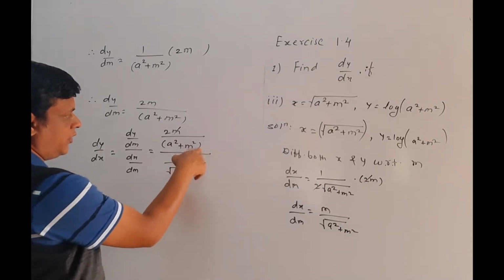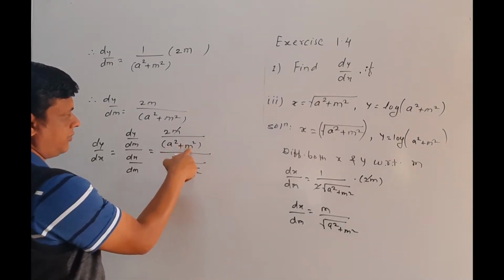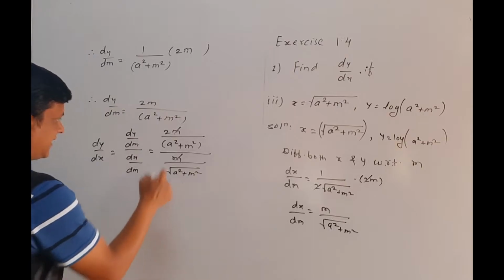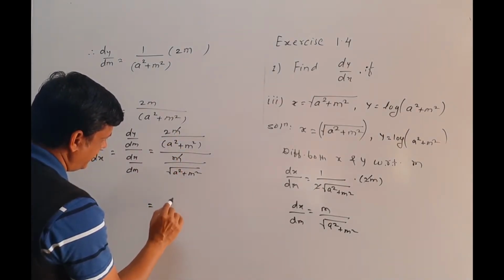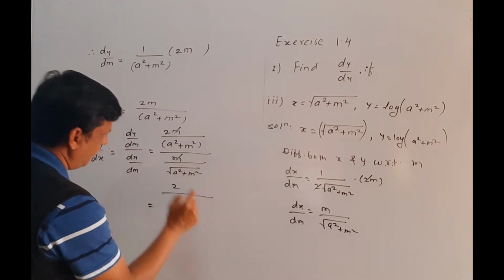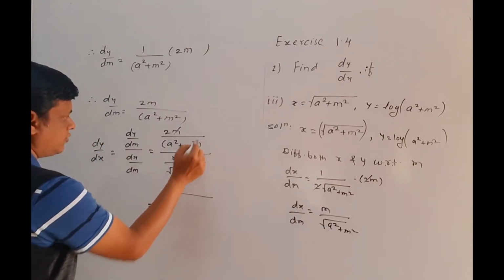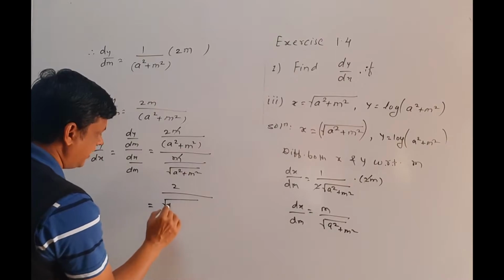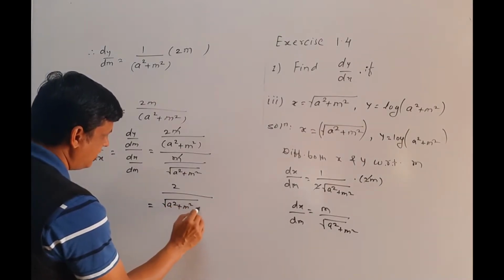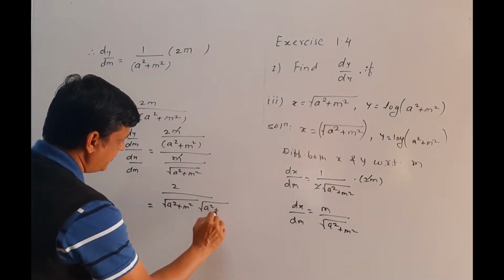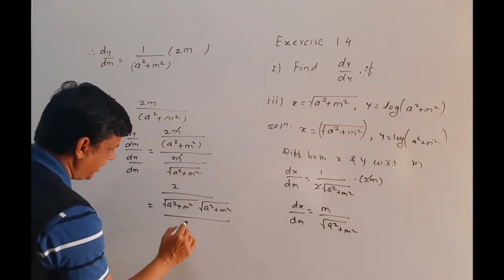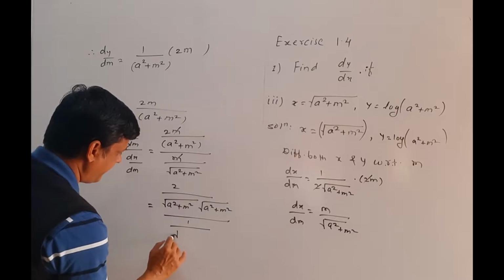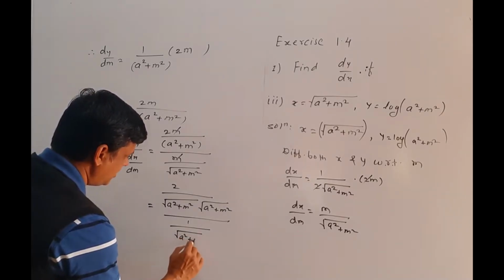We cancel one root from this a square plus m square, because we write this as, first, 2 upon a square plus m square raised to the power 1, we write root a square plus m square into root a square plus m square upon this m gets cancelled, so we write 1 upon root a square plus m square.